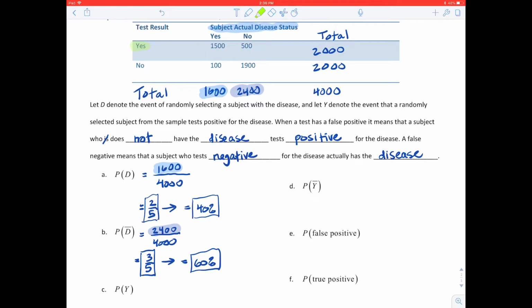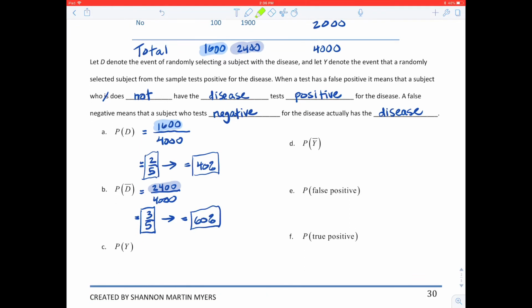So there's 2,000 people that got a positive test result out of the 4,000. That's equal to 1/2, or as a decimal, 50%.